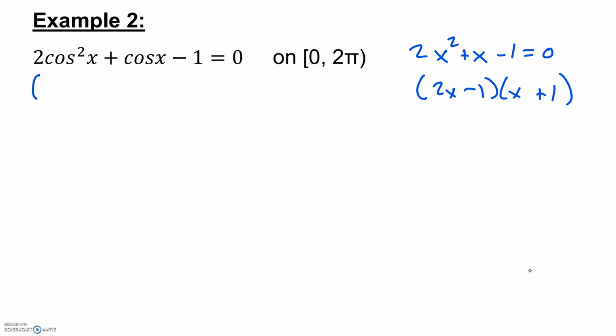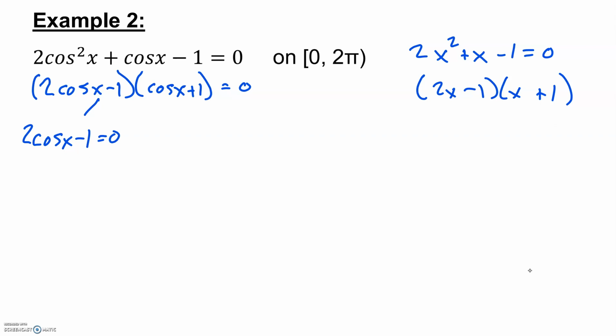So let's factor. Okay, so either 2 cosine of x minus 1 is equal to 0, or cosine of x is equal to negative 1.